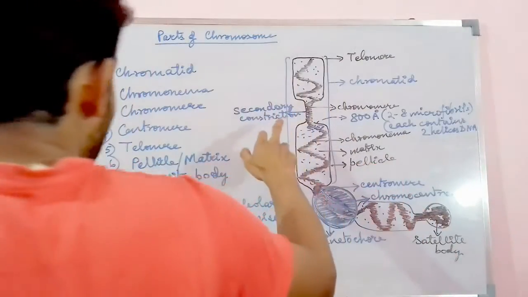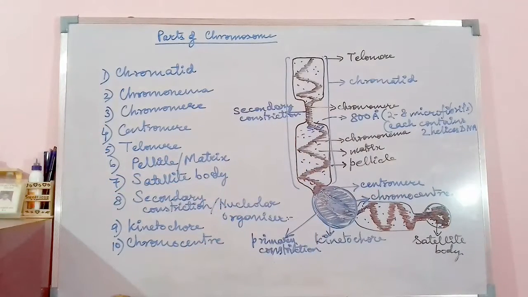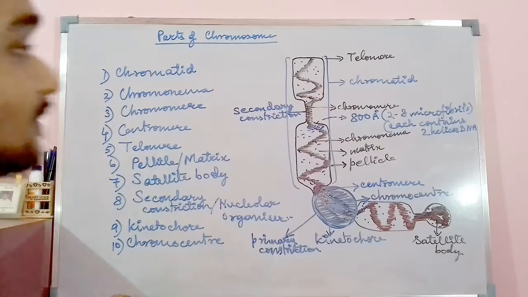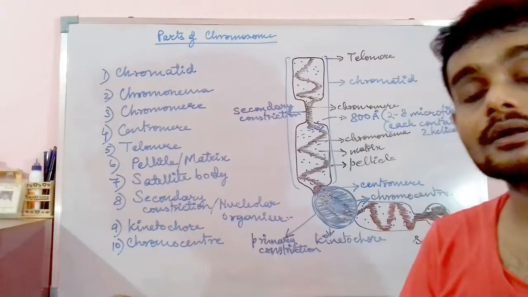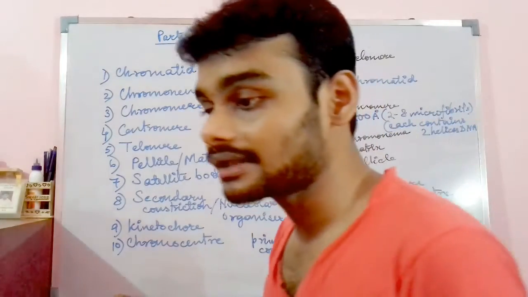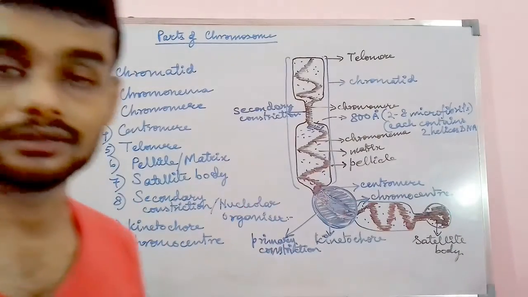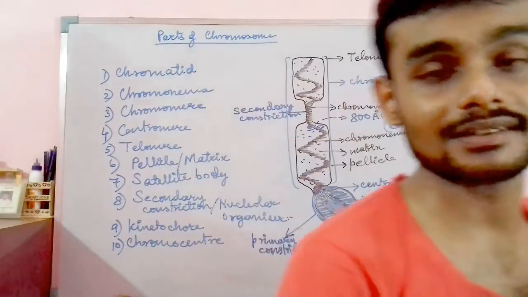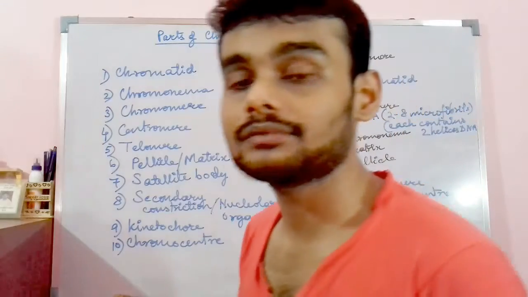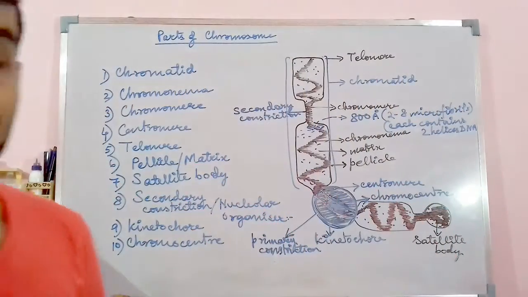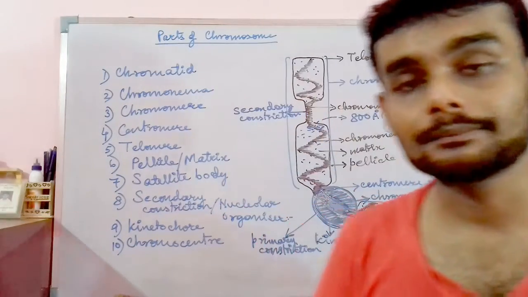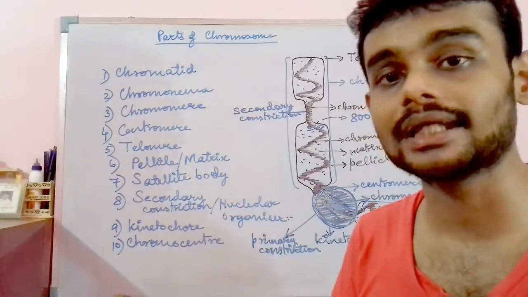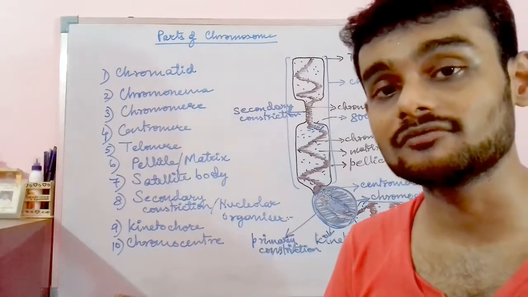This area has a very significant role: the secondary constriction helps in the formation of the nucleolus, the cell organelle which helps in forming the ribosomes and the tRNAs, and helps in protein synthesis during translation.